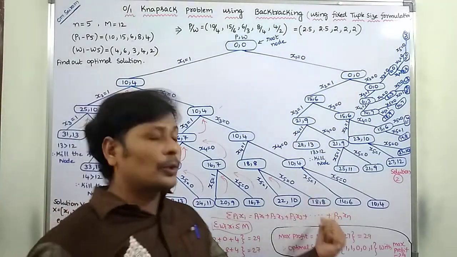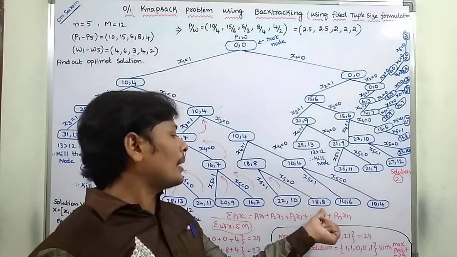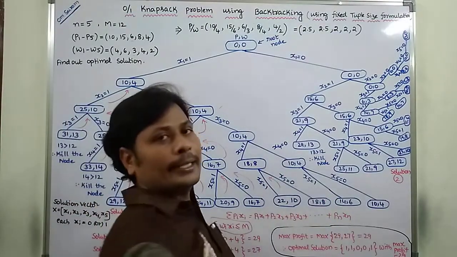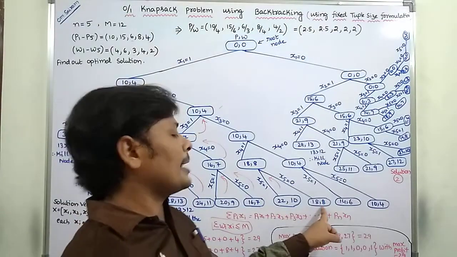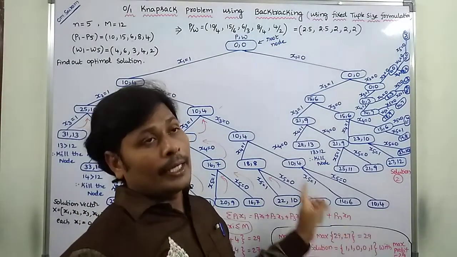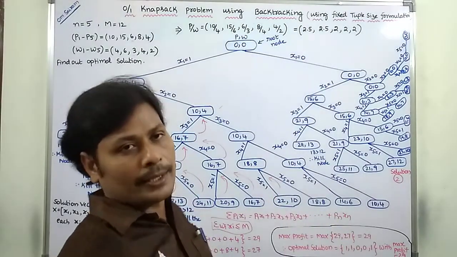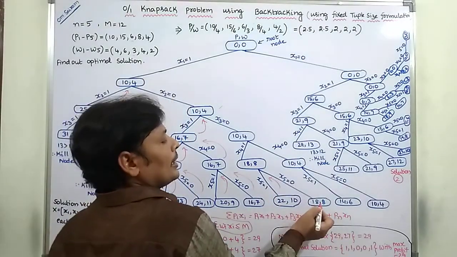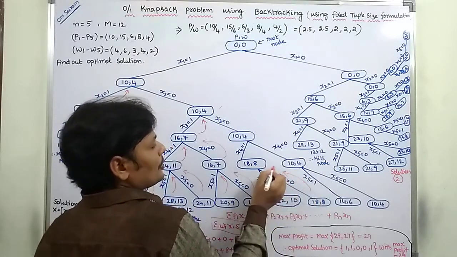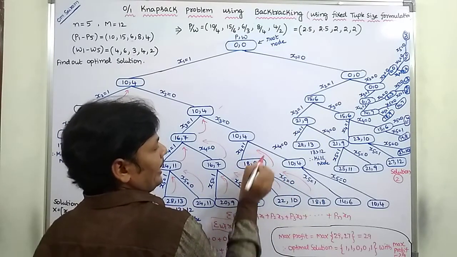Condition true. We have to extend that node, but already 5 objects are completed, so we do not extend that node. But it is not a solution because the sum of the weights of the objects is not equal to the capacity of the knapsack. So we can go for backtracking. So now we go to backtracking.